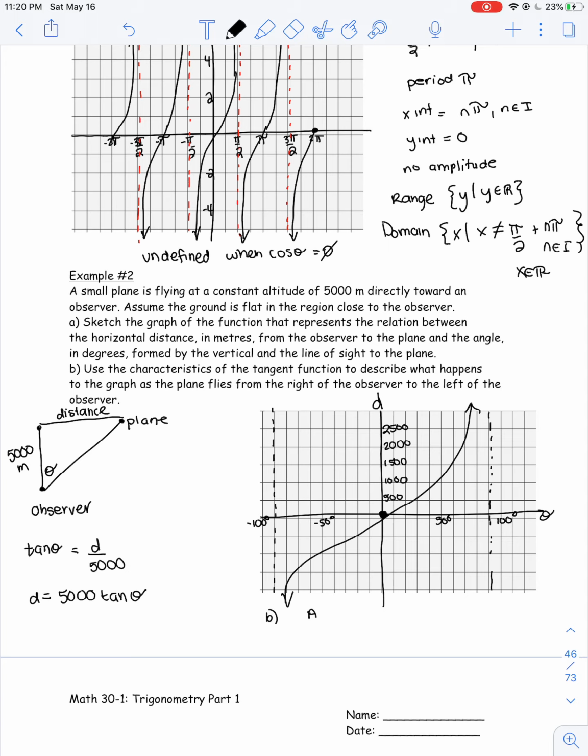So as the plane, so this is for B, as the plane flies towards the observer from the right, we should see that the distance decreases.